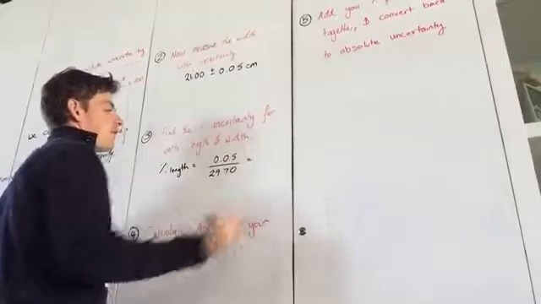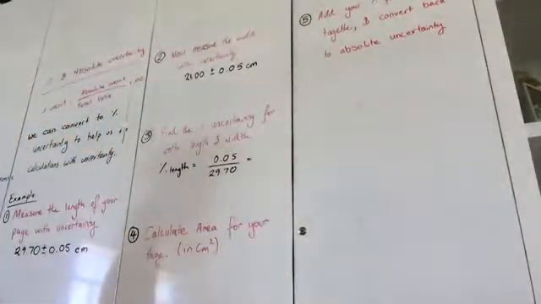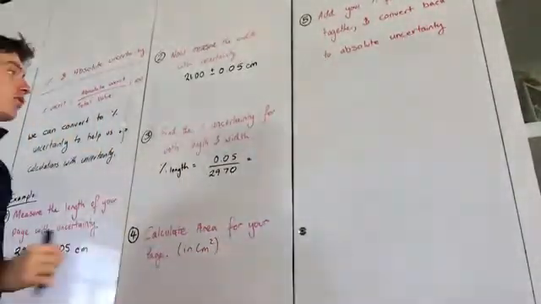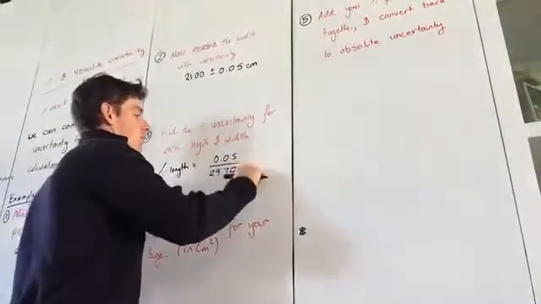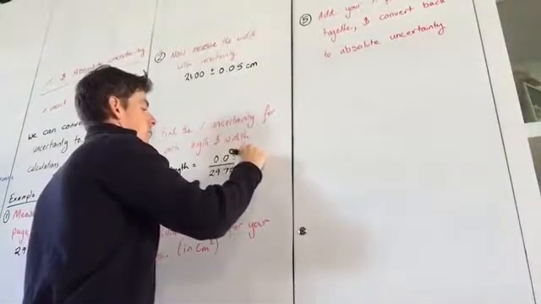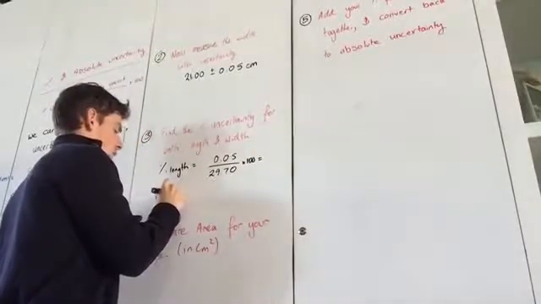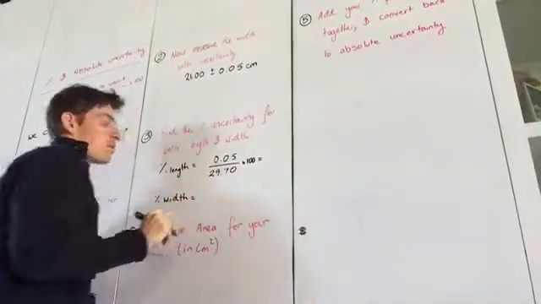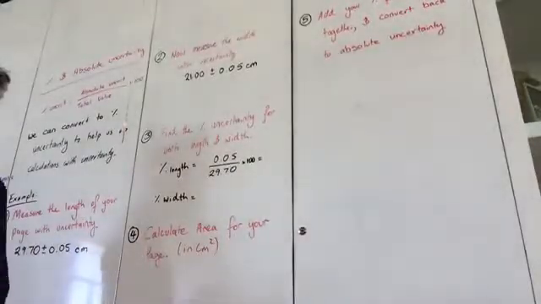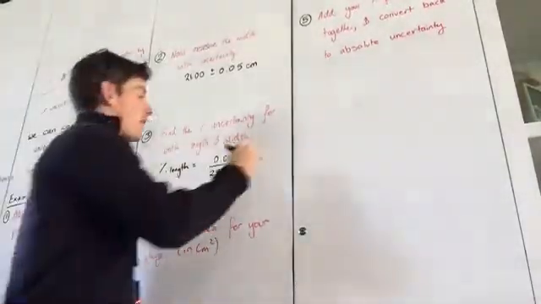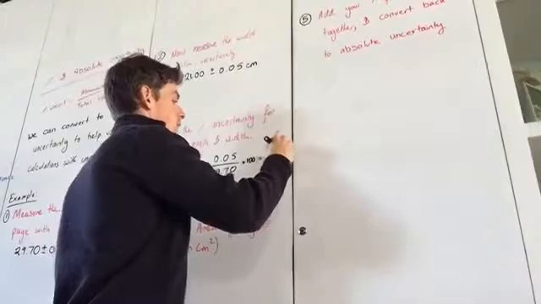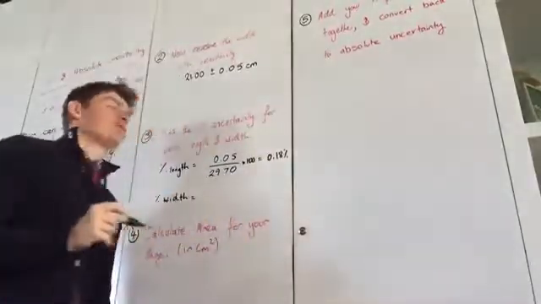And that gave me a value of, obviously times that by 100, sorry, I forgot to put the times 100. What do we get for that? 0.18%, which is teeny tiny, which is good.